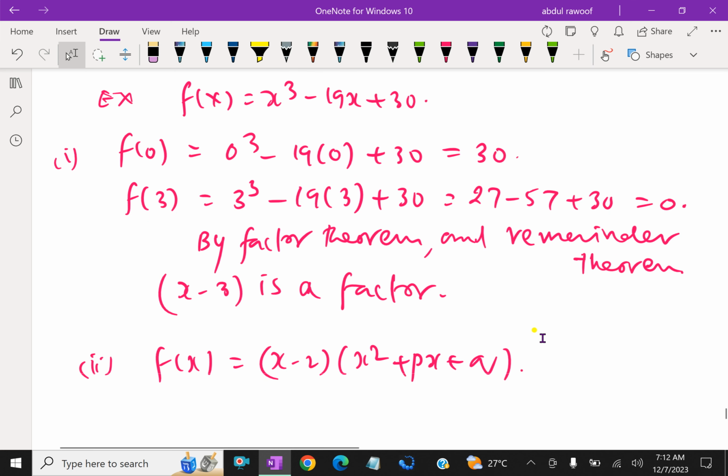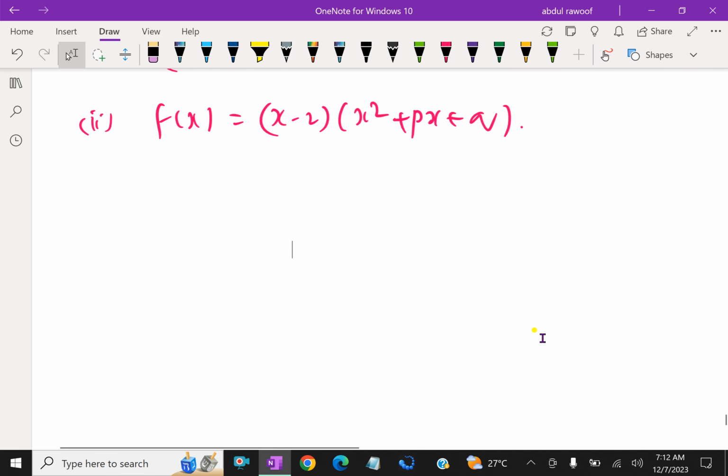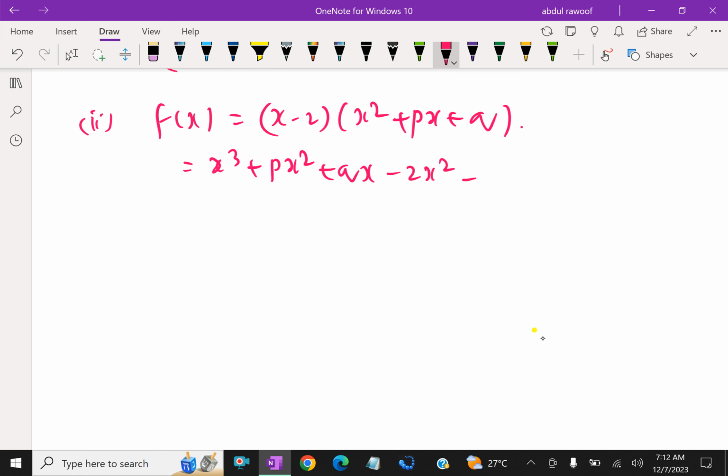You have to compare both f of x here. Then x into x is x cubed plus px squared, x into q is qx, minus 2x squared minus 2px minus 2q.